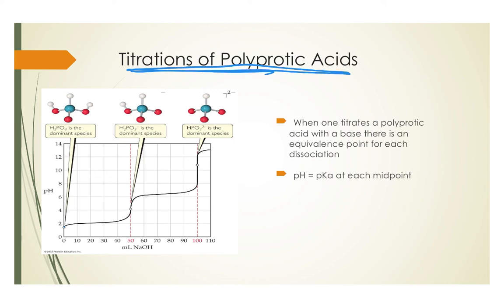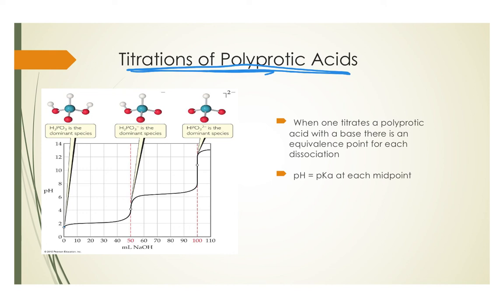Then you get an equivalence point where you have H2PO3 left, so then the second hydrogen starts getting pulled off. Here's the equivalence point for the second hydrogen coming off, and then this is HPO3, so we actually would still have a third one up here that would get us eventually to just PO3 existing at the end.